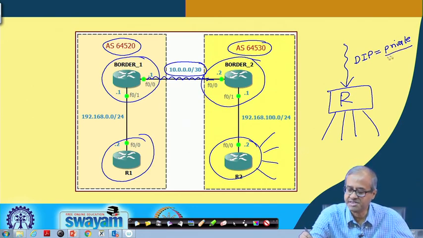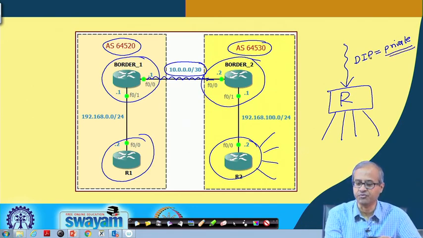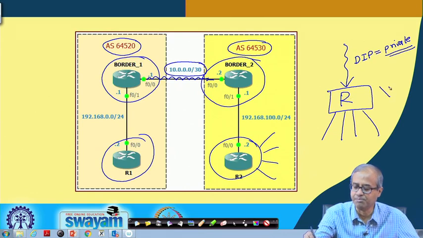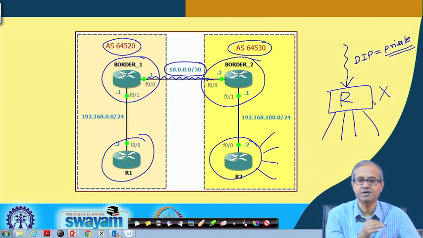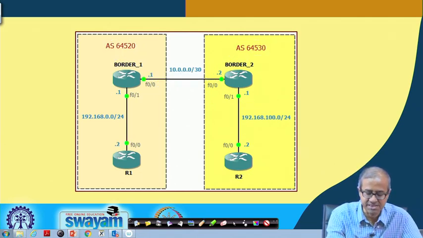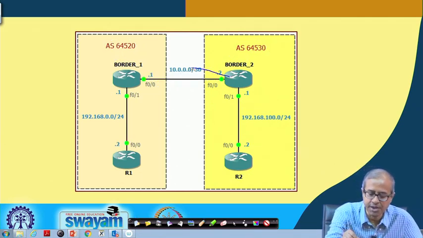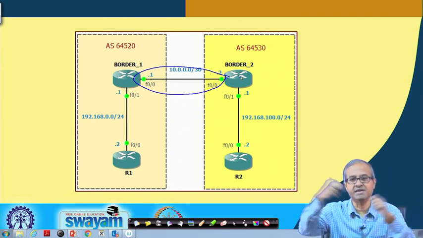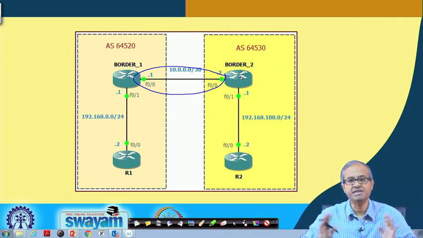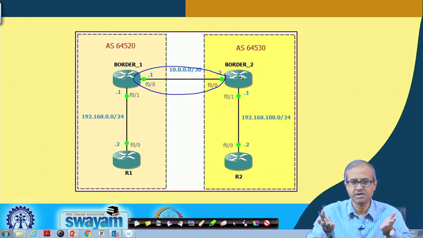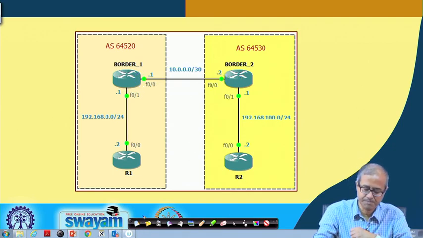So, if your destination address belongs to a private network, then this router will simply discard this packet, it will not forward it. But you see, in this example, we are talking about a dedicated link between 2 routers, it can be a leased line. So, here there is no concept of routing in between. So, here if you want, you can use such private networks also.